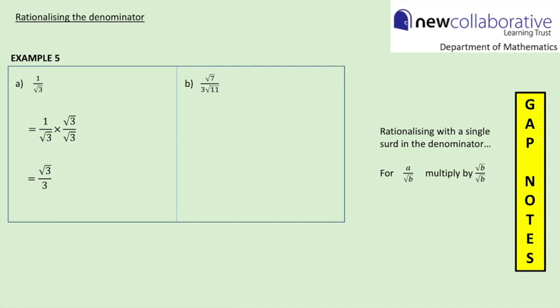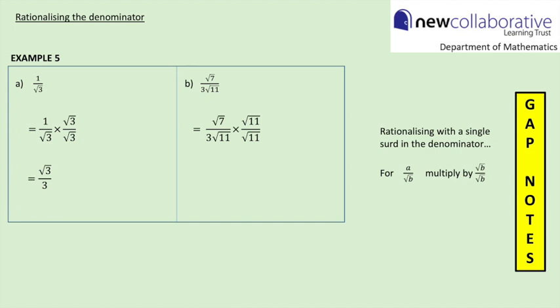For part B, we're going to achieve the same thing by multiplying the numerator and the denominator by the square root of 11. And that will mean that the numerator is the square root of 7 times the square root of 11, in other words the square root of 77, and the denominator becomes 3 multiplied by the square root of 11 multiplied by the square root of 11.